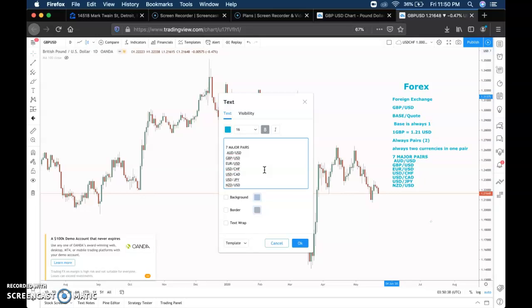You want to write those down. Those are the 7 major currency pairs.